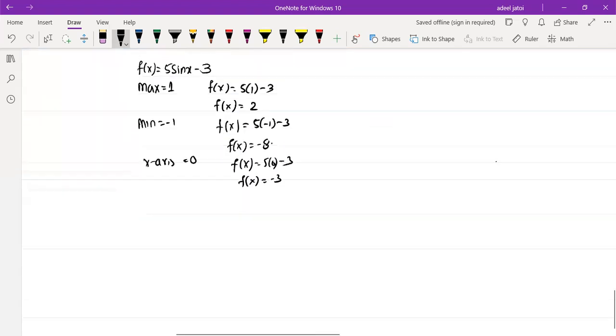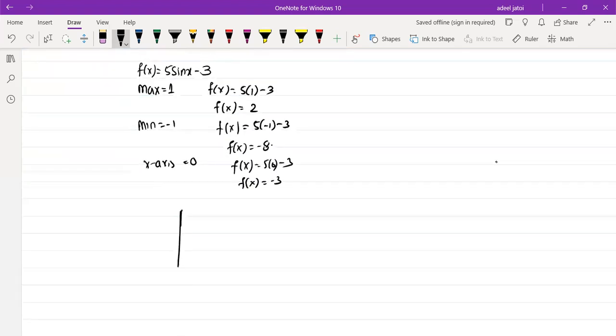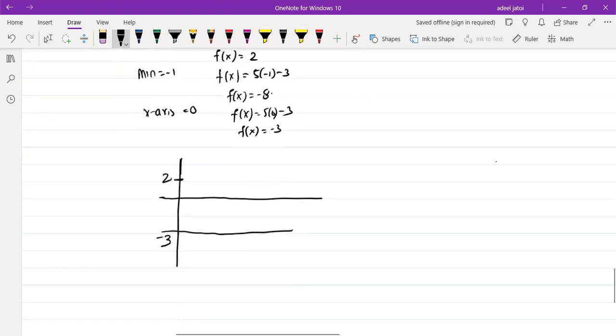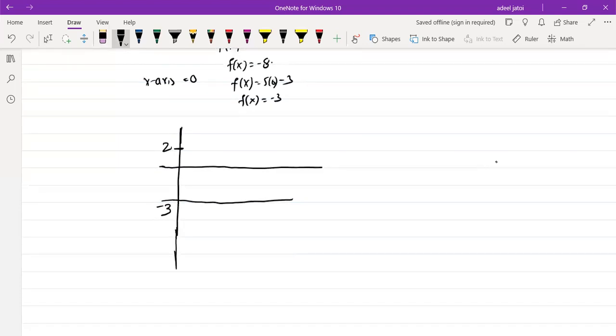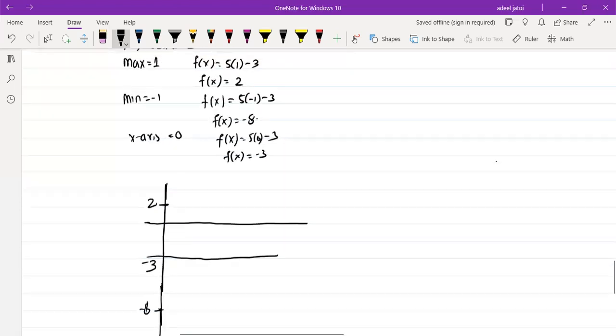If we need to sketch the graph, it will be in this form. This is your x-axis, this is your minus 3 value. Your maximum value is 2 and your minimum value is minus 8.